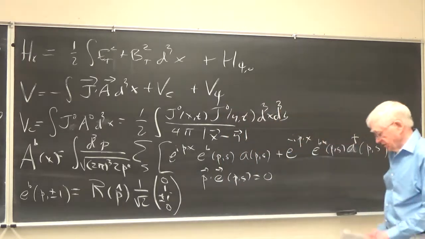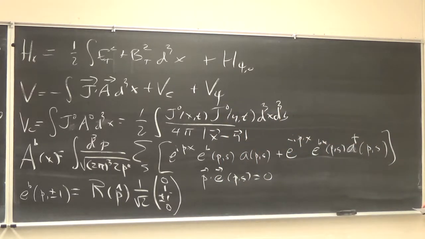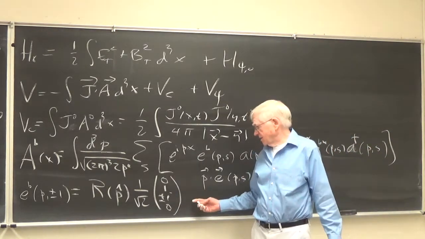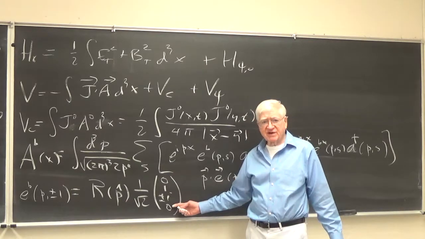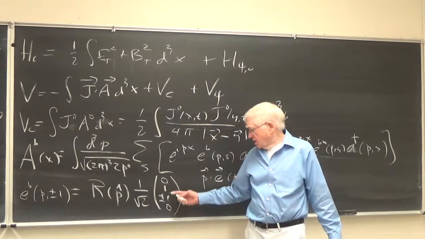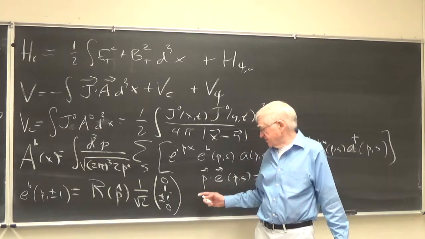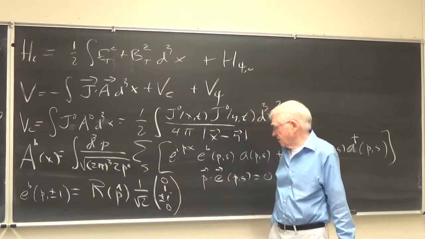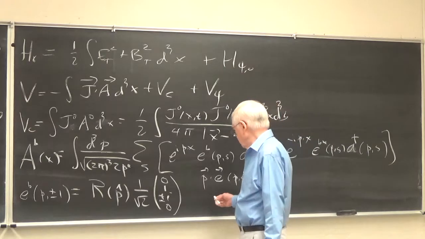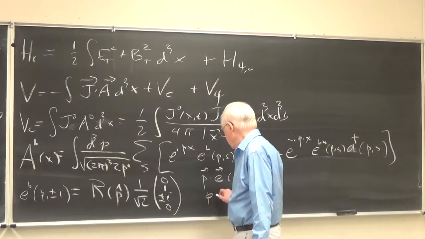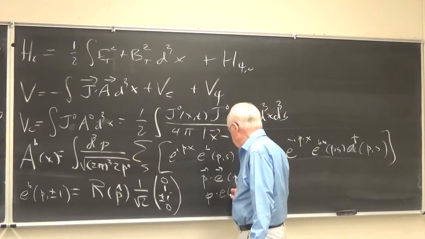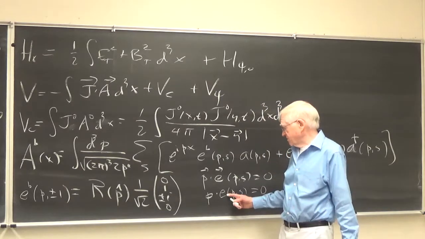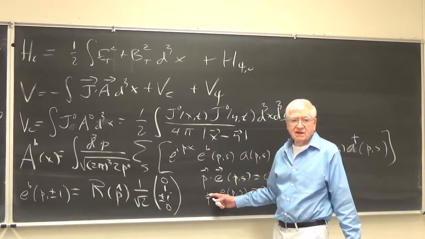So that's the transversality condition, which is automatically satisfied by this construction, because this is the polarization vector for a photon in the z direction. The momentum for the z direction would just have a 1 here. Or equivalently, you could also do p dot e of p and s, that's also 0. There, e^0 is 0, and so p^0 doesn't contribute.